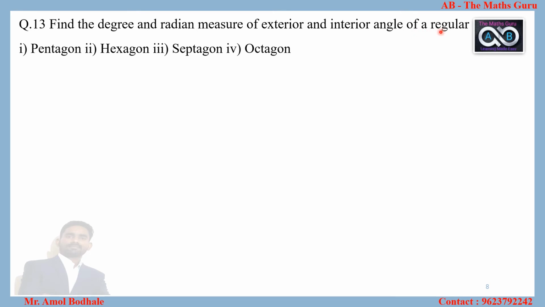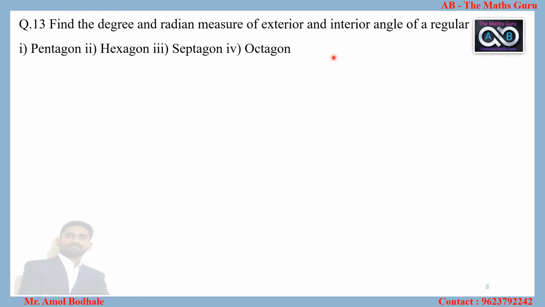As we have learned, a regular polygon means a closed bounded figure having sides of equal length. For example, an equilateral triangle. In an equilateral triangle, all three sides are equal, as well as if we consider a square, all sides of the square are equal, and their angles are also the same.